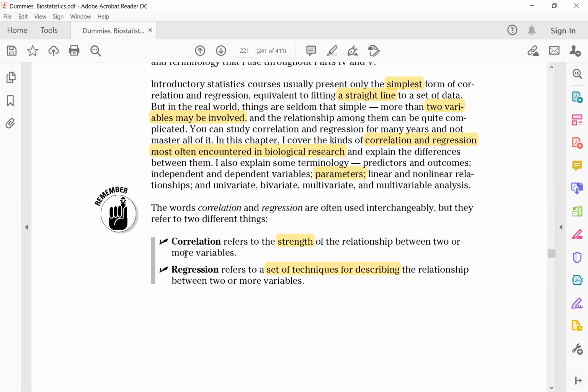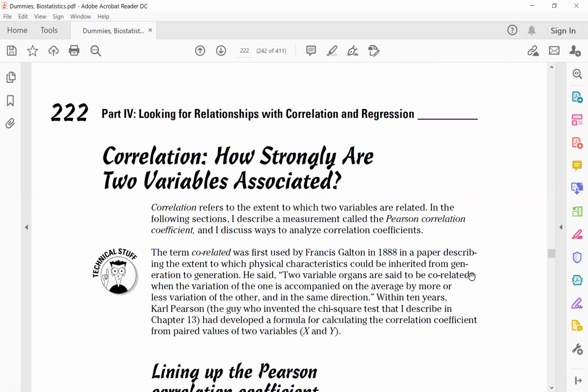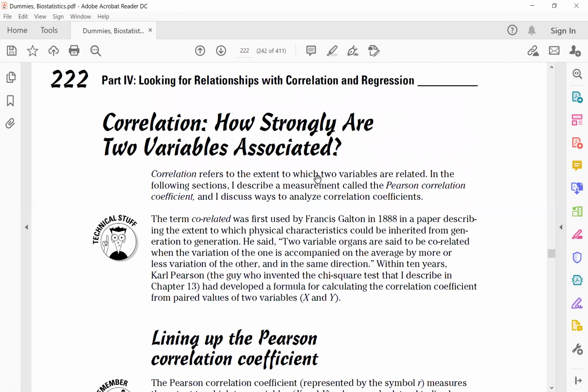So correlation tells you the strength of the relationship between the variables, while regression is the set of techniques for describing the relationship, not the strength. So correlation: how strongly the two variables are associated.